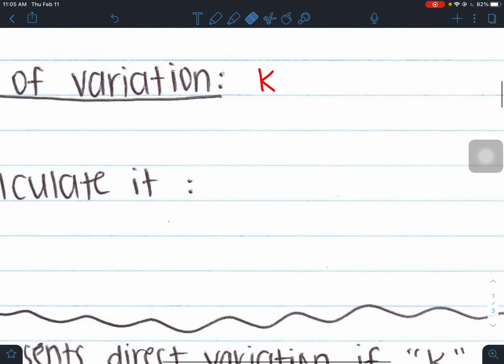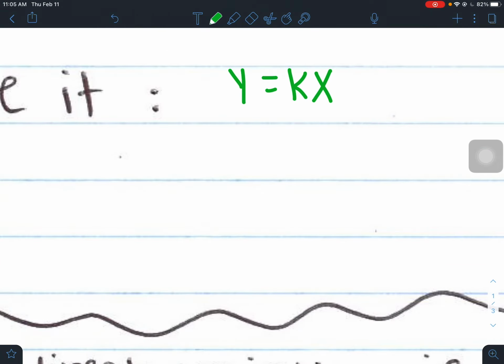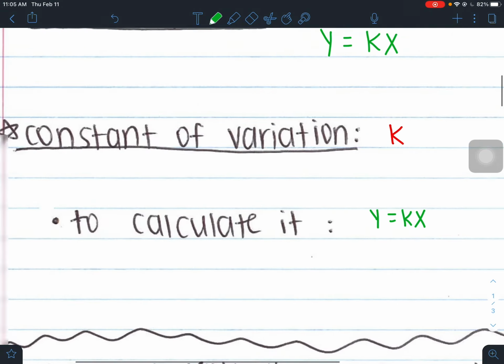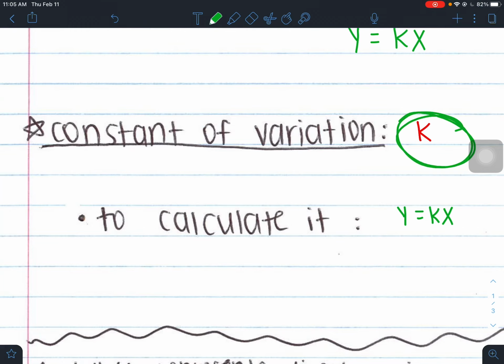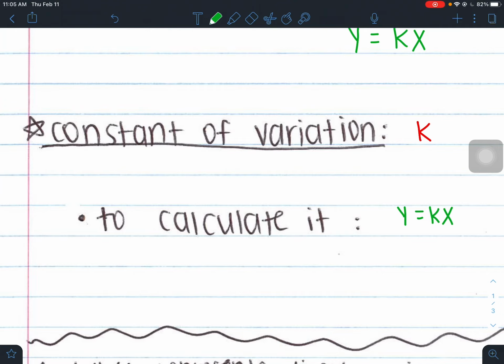To calculate k, we're going to use some knowledge from Unit 1 where we solve a literal equation. If I'm asked to calculate the constant of variation, it's not going to call it the letter k. You're going to have to know what constant of variation means. Just like slope is m and the b is the y-intercept, k is the constant of variation.